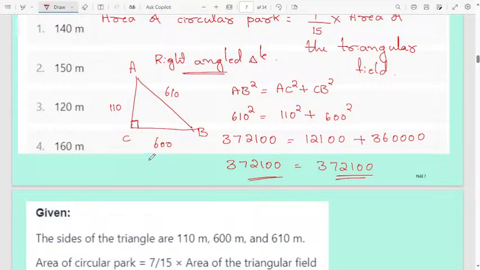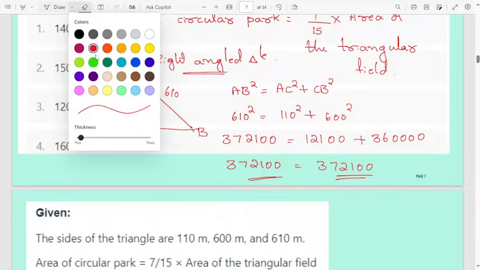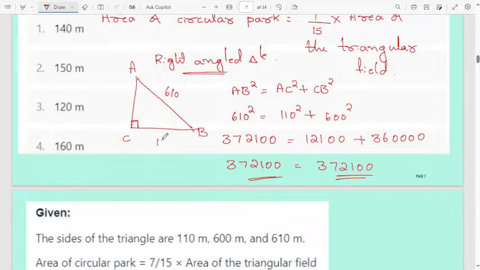This one, CB, you can consider as a base, otherwise consider 110 as a base, the smaller value. If you consider that also, you will get the same value. Better consider the smaller one for the base. Consider this is 110, this is 600.